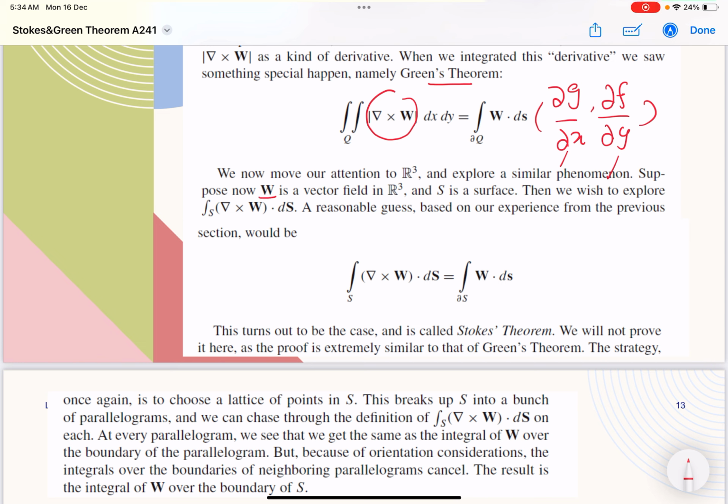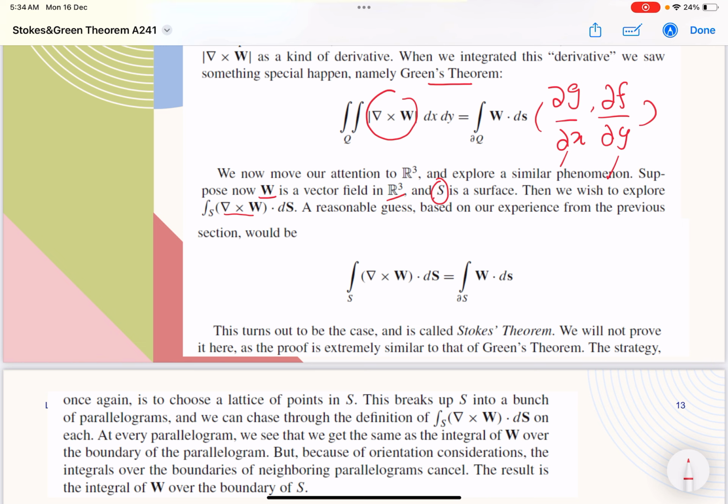Suppose now we have a vector field W in R3, and S is a surface. Then we wish to explore the curl of the vector field within the surface.